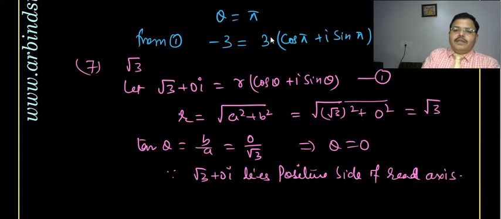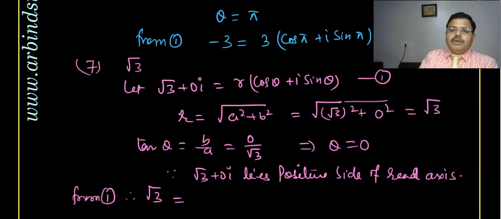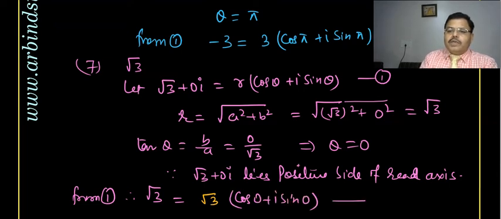So like this. So therefore from the first equation, root 3 can be written as root 3 times cos 0 plus iota sin 0. I hope you got it. This is the answer.